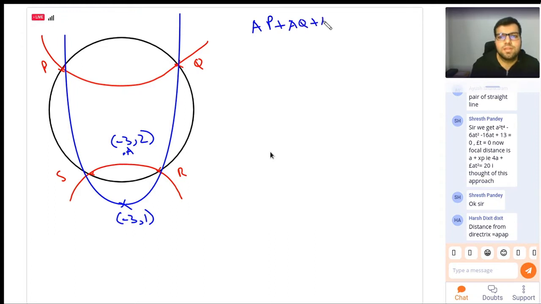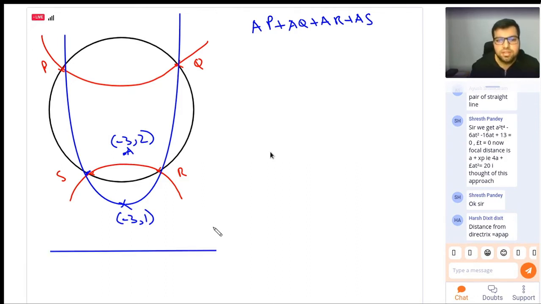plus AR plus AS. Okay, so if you directly try to find it, it will become very lengthy. So instead, we will use the approach that Harsh has told. The distance of the focus from this point S is equal to the distance of point S from the directrix of this parabola. So what is the directrix of this parabola?